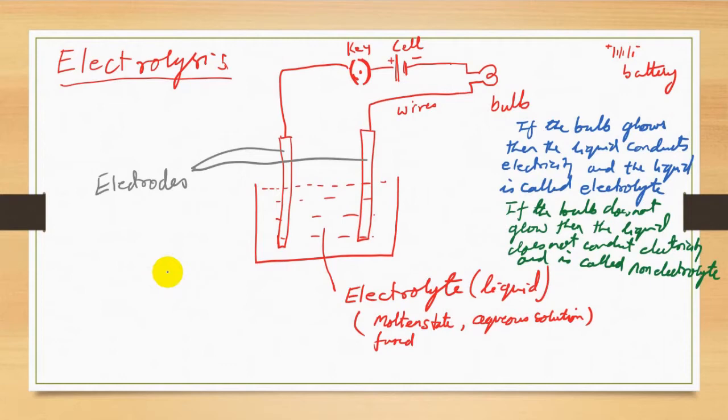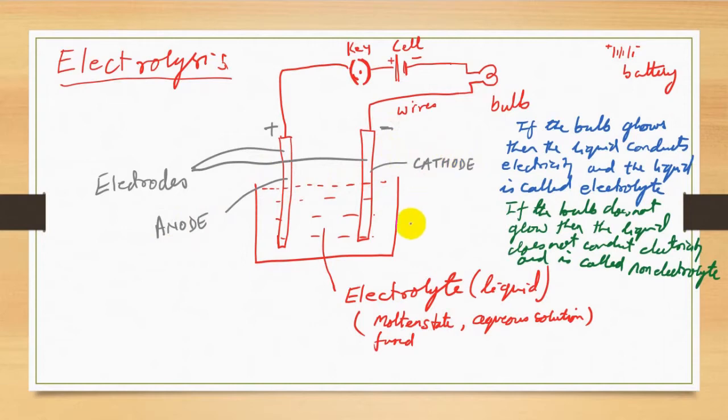You can see here, just see the cell. The cell is positive here, isn't it? And negative on the other side. So this end is positive and this end is negative. The one which is connected to the positive end is called anode. And the one which is connected to the negative end is called cathode.